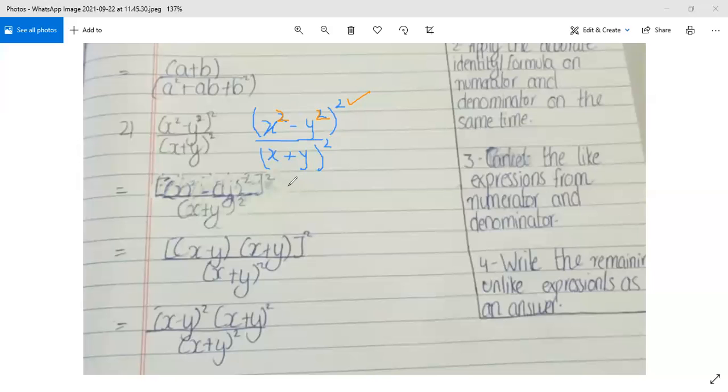For the inside square, numerator a square minus b square is equal to, this is one way, a square minus b square, and then you will make a square bracket, and this square will come here outside.